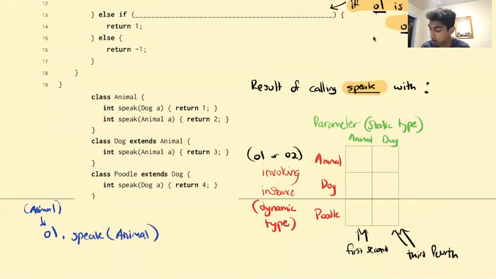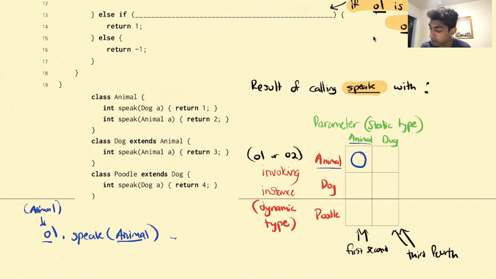That corresponds to this situation right here, where the invoking instance is of dynamic type animal, and we're calling it on a parameter of static type animal, because we only care about the static types of parameters passed in. In this case, all of the invoking instances, O1 and O2, have the same static type of animal. So the only way of differentiating them is by looking at their dynamic type.